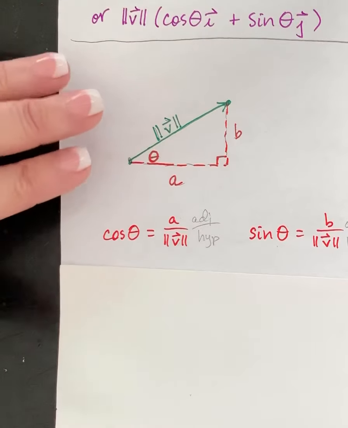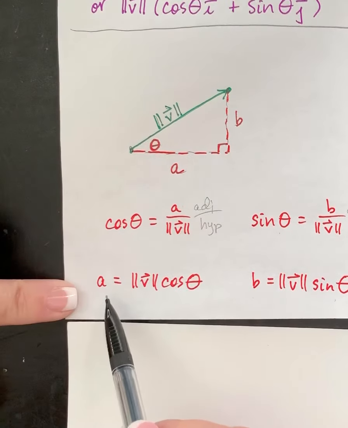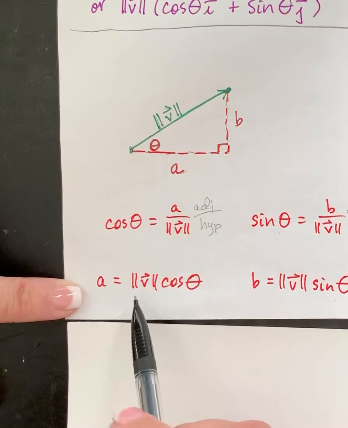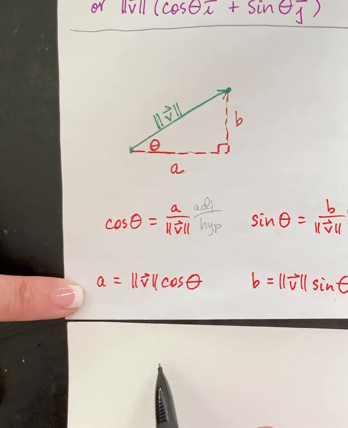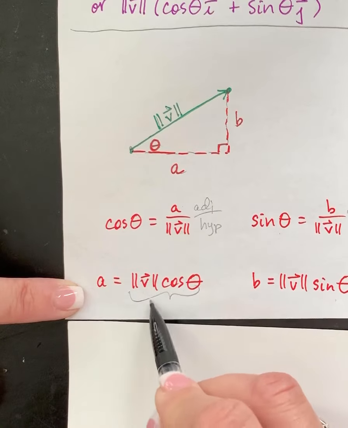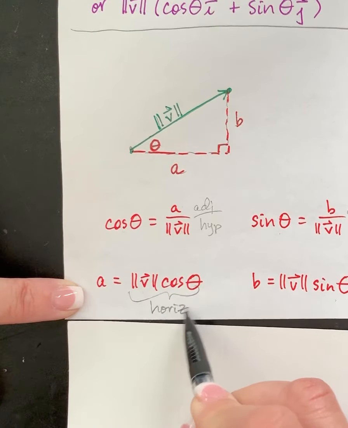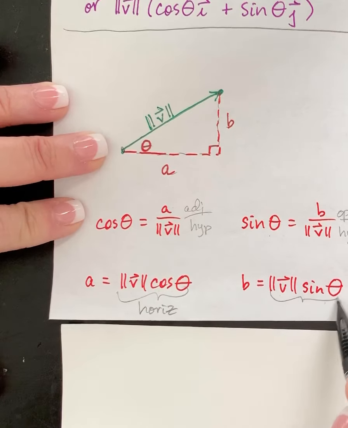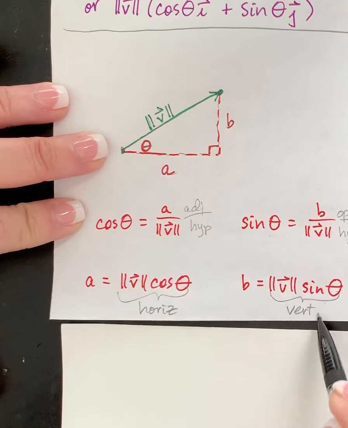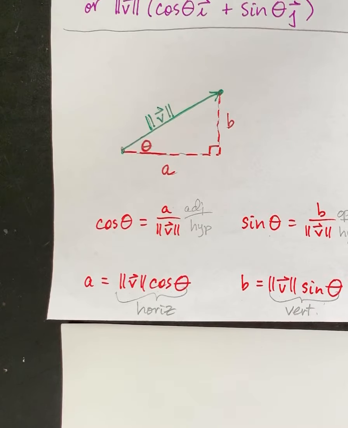And if you solve for a and b, you will find that the horizontal component is the magnitude times the cosine of the direction angle, and the vertical component is the magnitude times the sine of the direction angle. So it has a nice pattern.